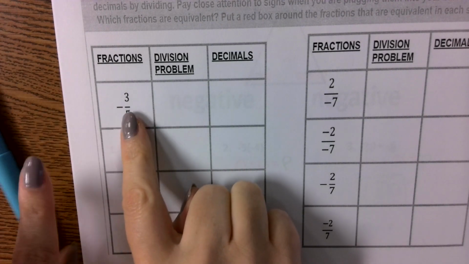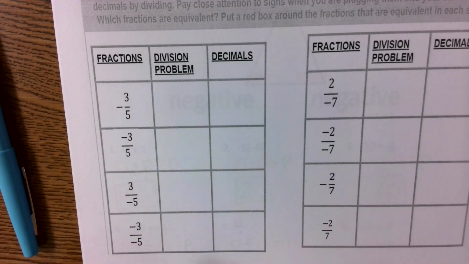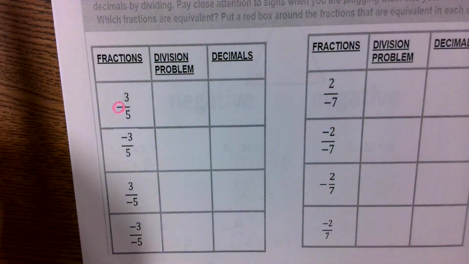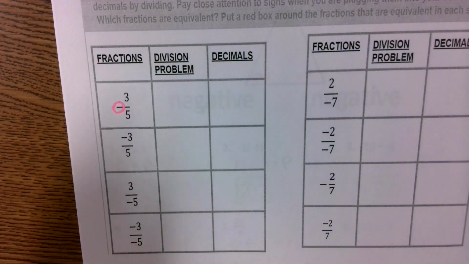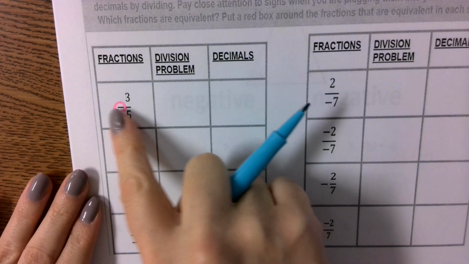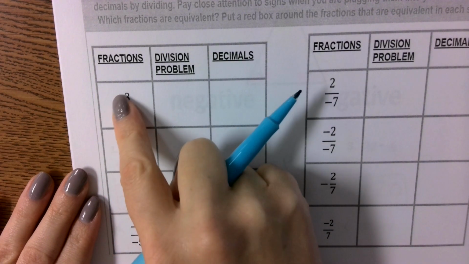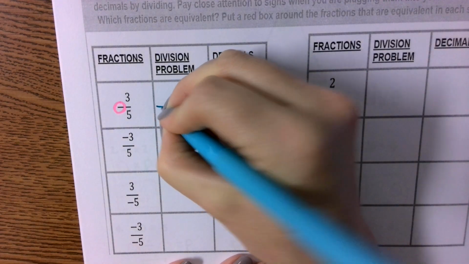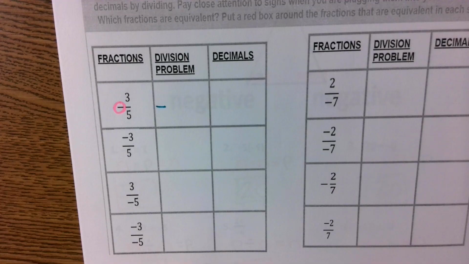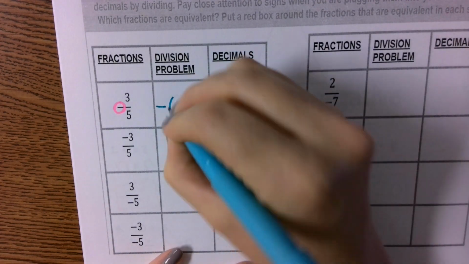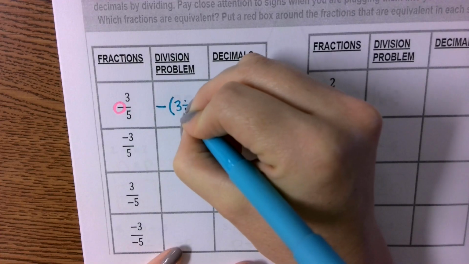So for my first fraction, I have a negative sign, but it's written in front of the fraction. It's not assigned to either one of the numbers, is it? It doesn't say negative 3. It doesn't say negative 5. It just says negative, and then we have 3/5. So if we write that as a division problem, you've got a negative sign, and then inside parentheses 3 divided by 5.